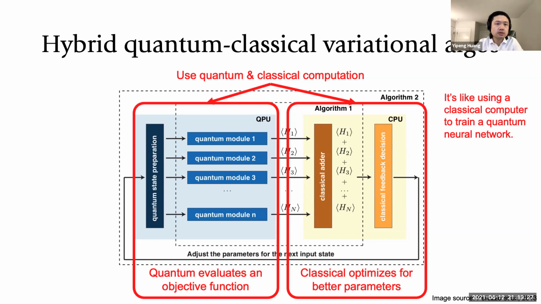And the quantum computer serves to evaluate a function, and the classical computer serves to try to minimize that objective function and come up with new parameters for the quantum circuit. And via this interaction between the quantum and classical systems, this is useful for algorithms that use this scheme to solve interesting problems like optimization.